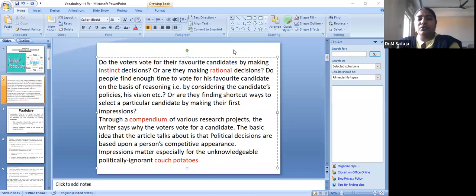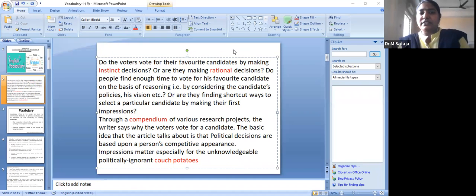And by watching and considering all the advertisements, people get ready to cast their votes.